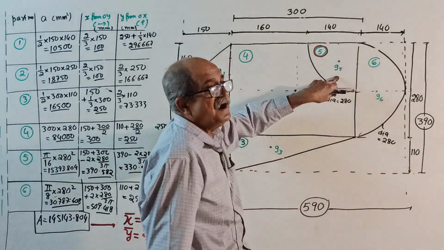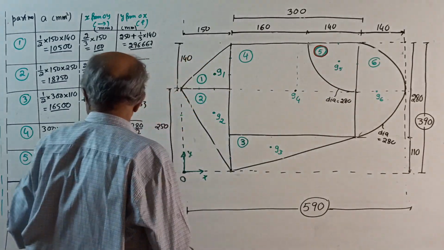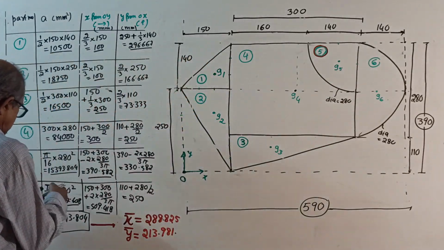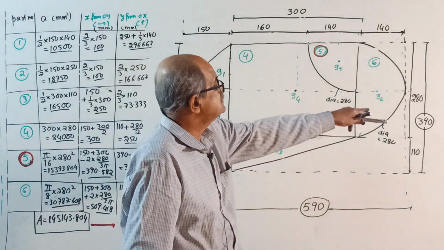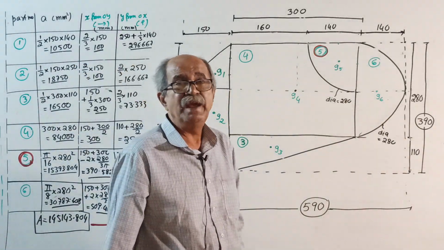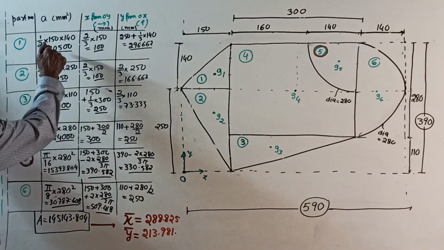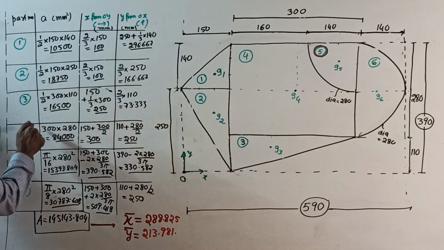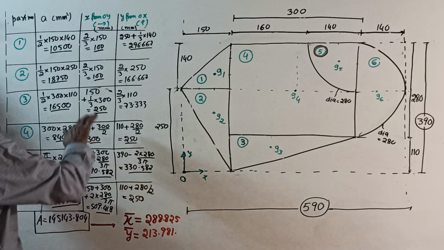This quadrant circle area, pi by 16 of 280 squared. Be careful, again I told you 5 is dangerous. And lastly, the sixth one, semicircle, pi by 8 of 280 squared. Total area A1 plus A2 plus A3 plus A4 minus A5 plus A6.